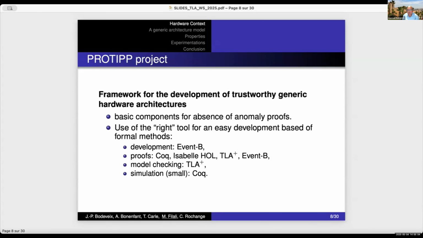We aim also to use the right tools for easy validation and easy development based on formal methods. For the development, we have considered Event-B. For proofs, we have considered Coq, Isabelle/HOL, TLA+, and Event-B. For model checking, we consider TLA+, and for small simulations, we consider Coq.